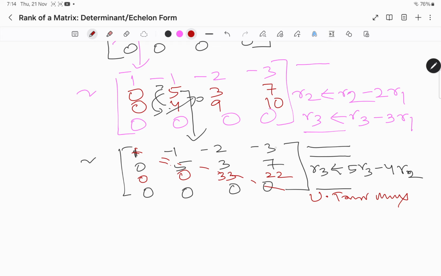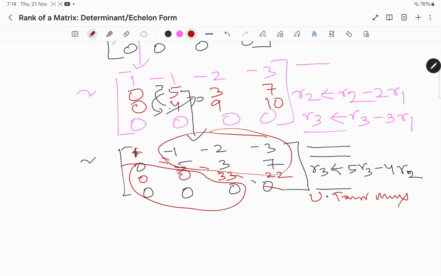Elements below the leading diagonal are all zeros. So here all these elements are zeros, that's why it is an upper triangular matrix. We don't bother about this; some may be zero, may not be zero.